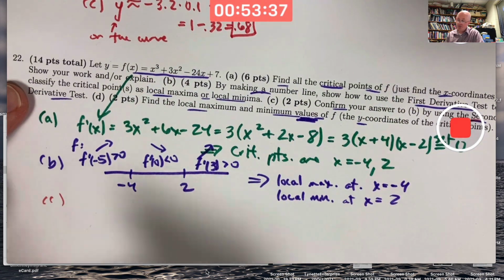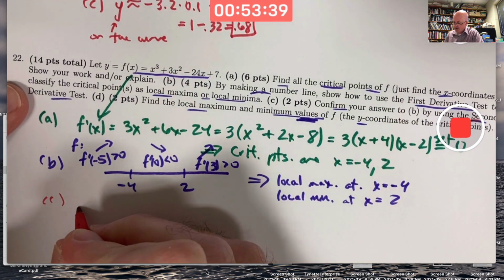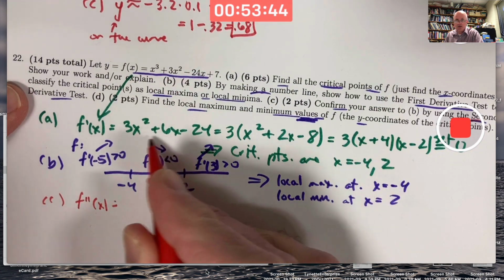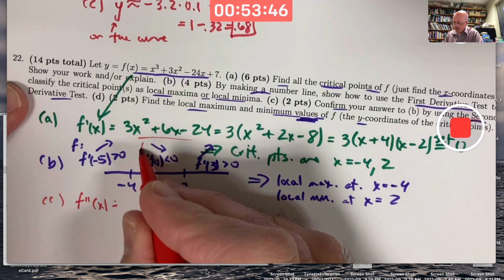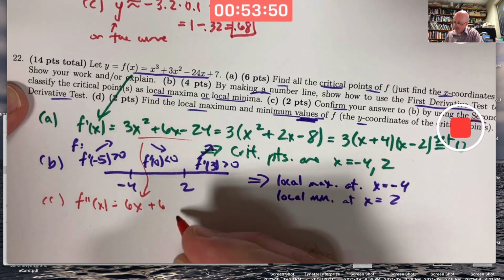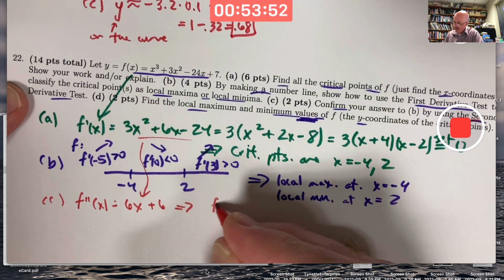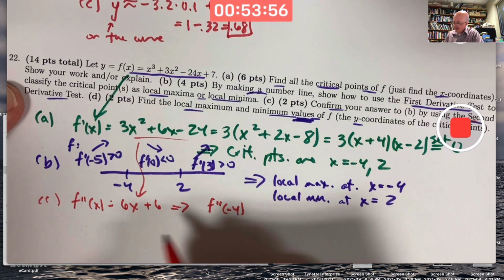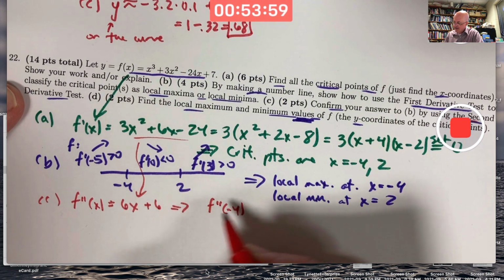Part C was to confirm this answer with the second derivative test. Take the second derivative, plug in these critical points, and see whether you get a positive or a negative number. The second derivative here, look at this formula, is going to be 6x plus 6. So at the negative 4 critical point, you get negative 24 plus 6, which is negative.